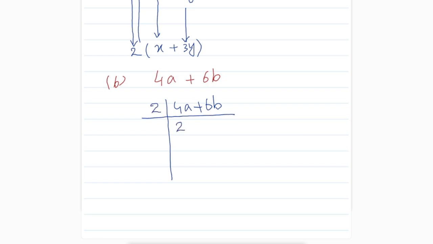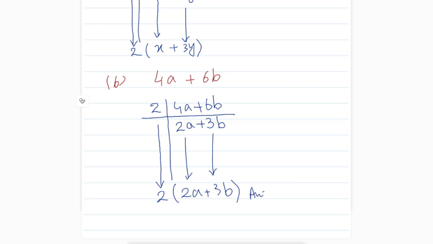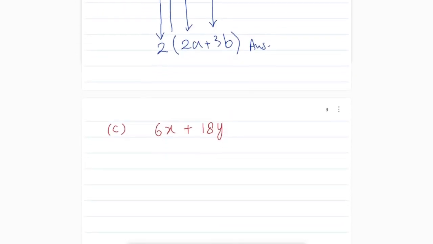So 2 2s are 4, a remains the same, plus 2 3s are 6, and b remains the same. No further division is possible, no common divisor, so 2 will stay outside the bracket, and the rest of the terms remain the same. So 2a plus 3b, bracket close. And this will be your answer of factorization.